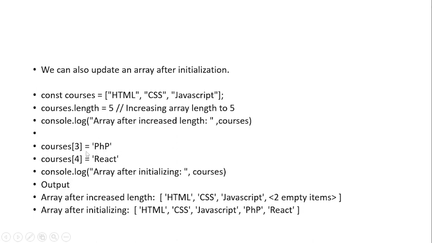How can we update? You can see courses of 3 is equal to PHP. What is the fourth element in the array? 1, 2, 3. The fourth element will be PHP and the fifth element will be React, and the index values are 3 as well as 4. So updating an array can be achieved by this method.